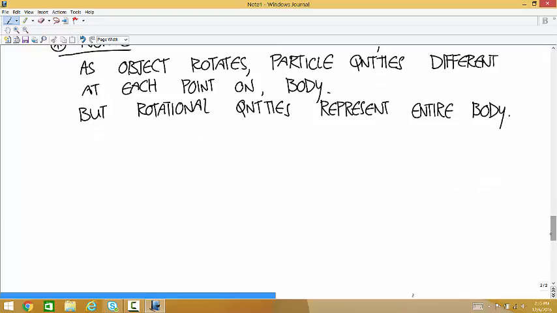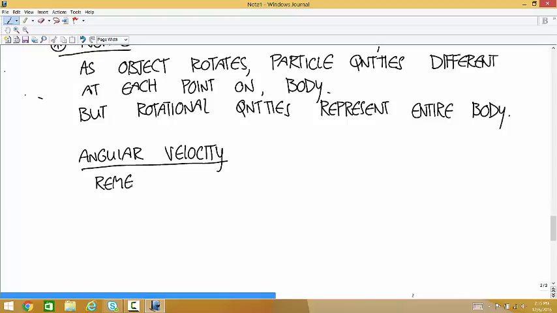Okay, so now we're going to use the idea of angular position to define angular velocity. So before I do this for rotational quantities, remember how we defined velocity based on position before.